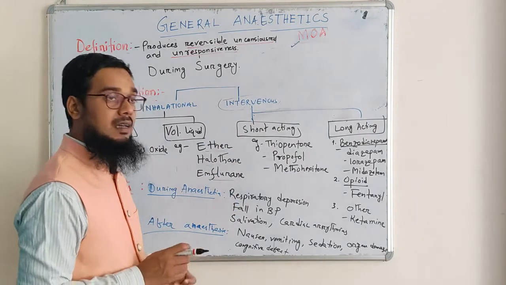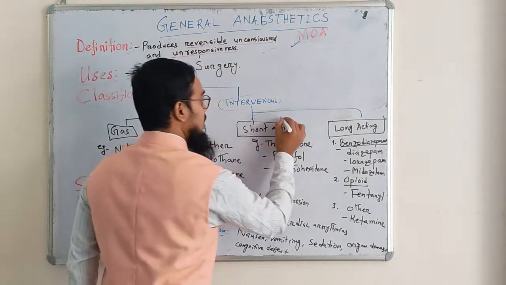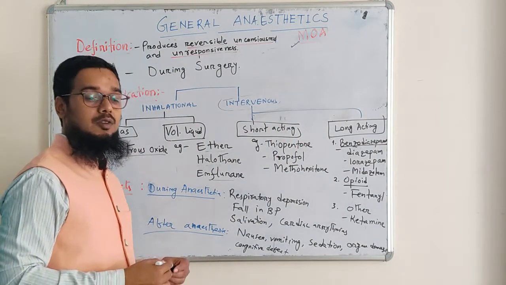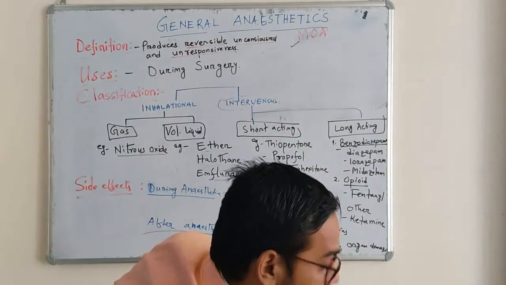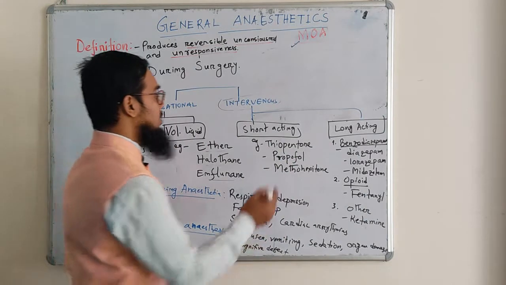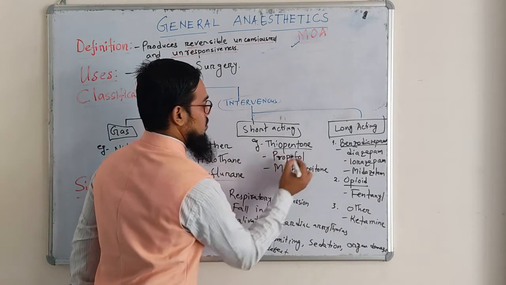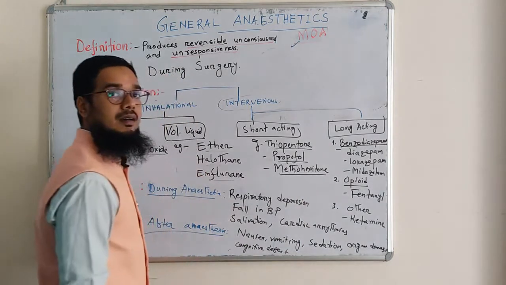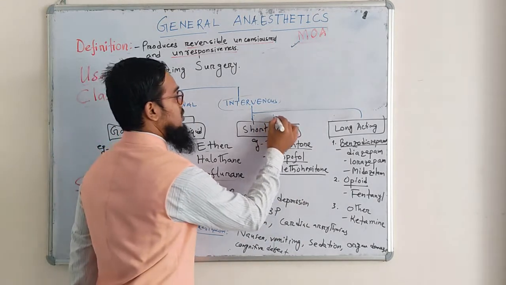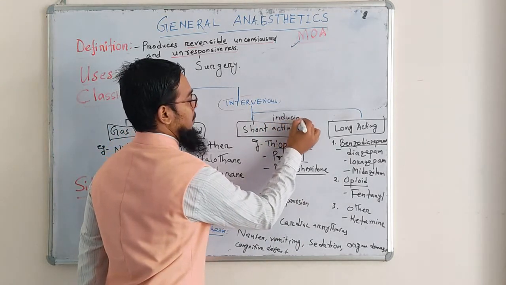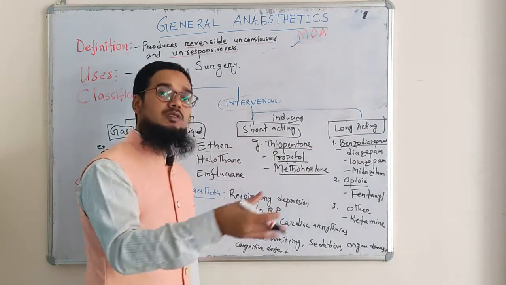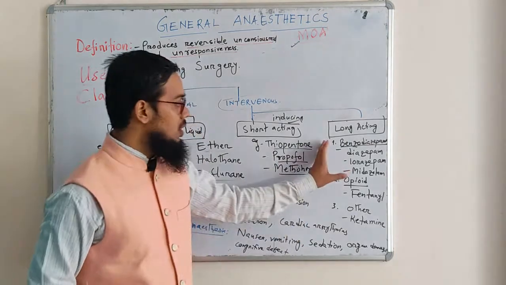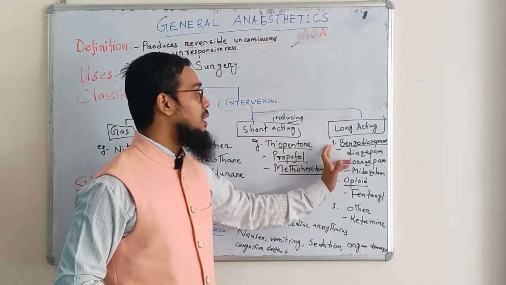They are mainly used as inducing agents. Examples: thiopentone, propofol, methotrexate are short acting inducing agents. They induce anesthesia. Long acting ones mean they produce a longer duration of action.